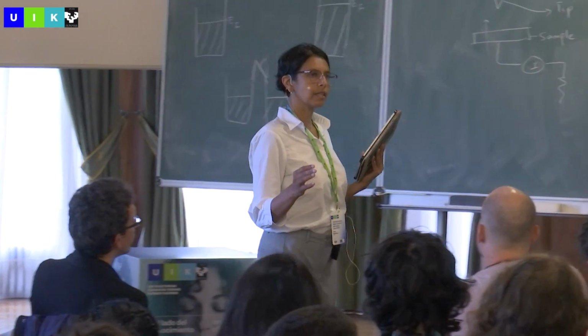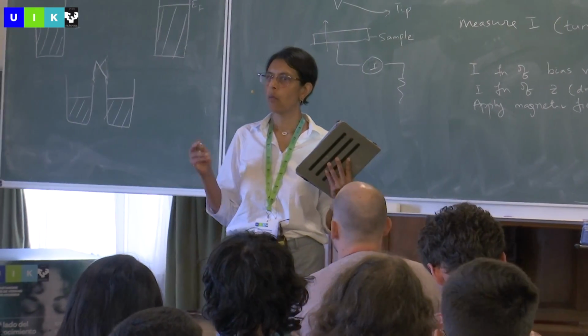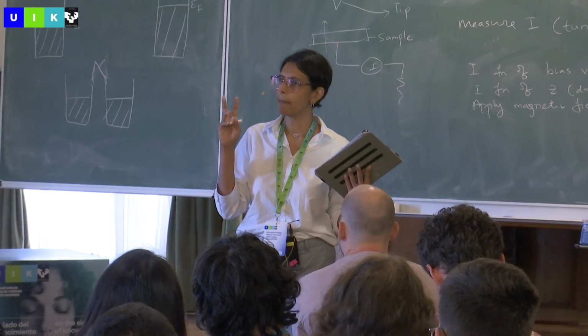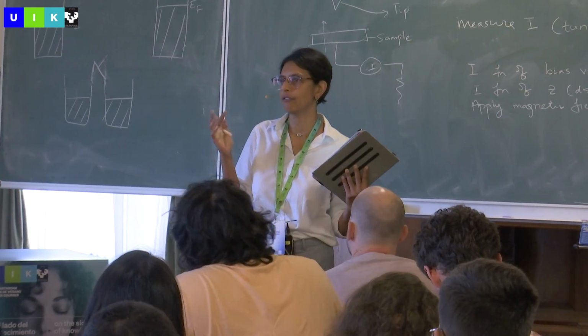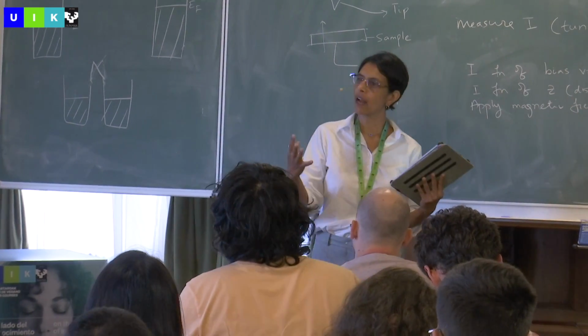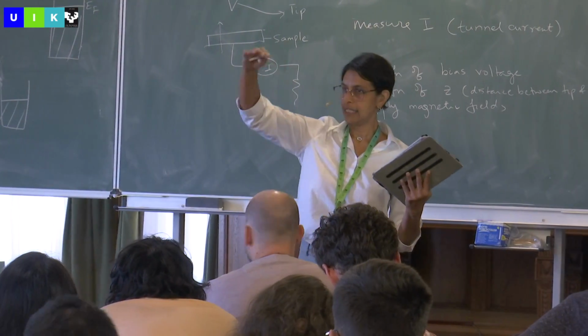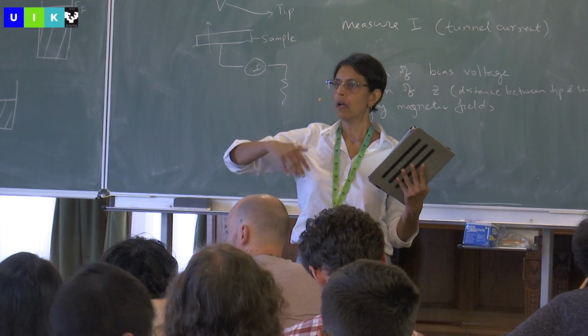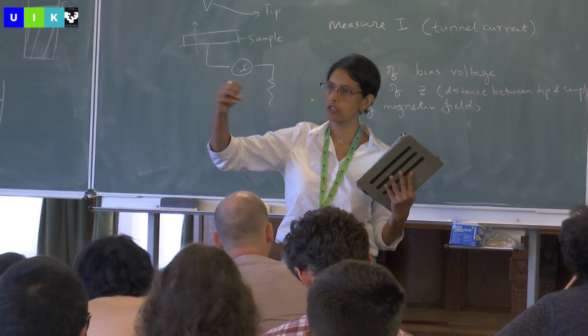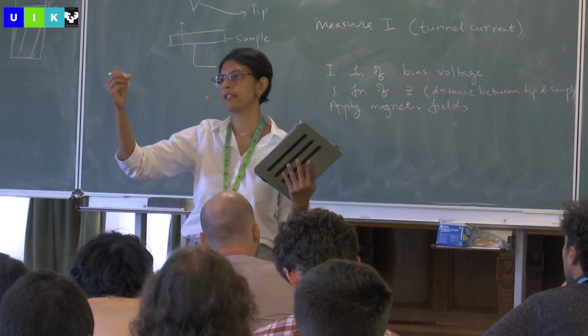So the tip is a three-dimensional object. What ends up being the tip, and I'll show you this in a few minutes, because the tunnel current is exponentially sensitive to the distance between the macroscopic tip and the sample, the thing that contributes the most to the tunnel current is whatever is at the end of the tip.